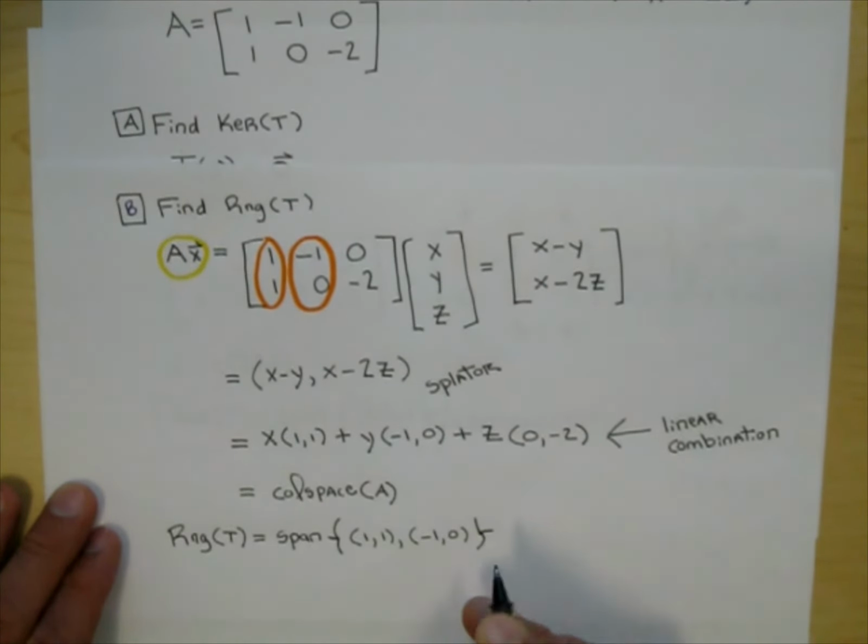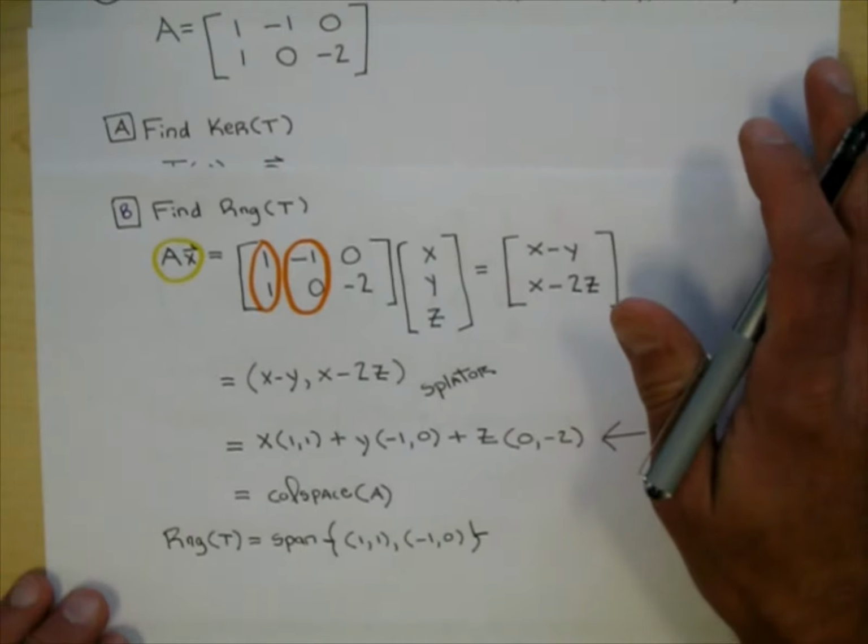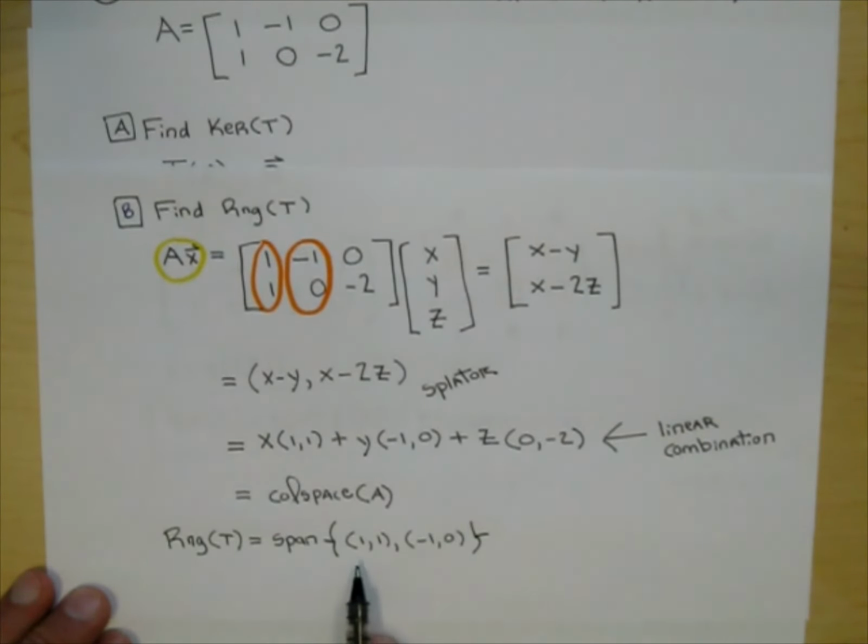And that's the way we like to write our subspaces. We like to write them as the span of a basis. Does the range equal the span of these 3 vectors, (1, 1), (-1, 0), and (0, -2)? Yeah, but that would be like writing 3/6 for your answer instead of 1/2.